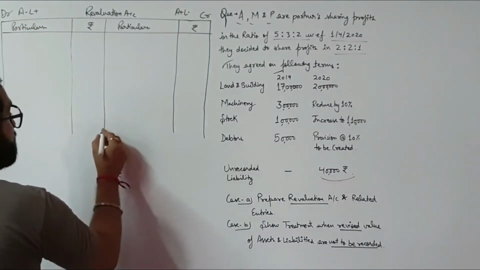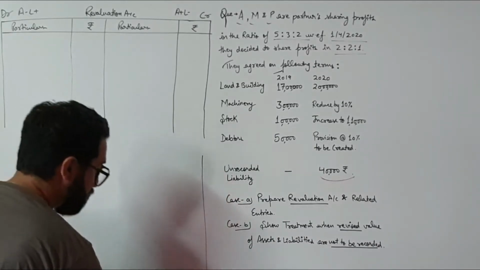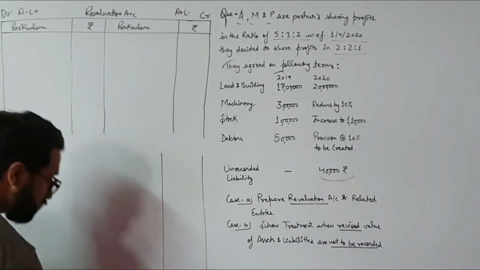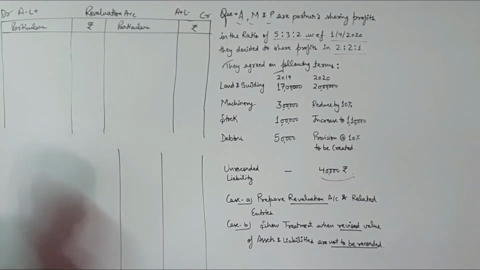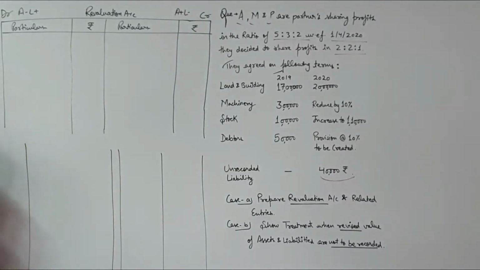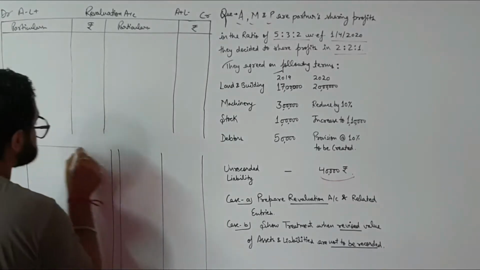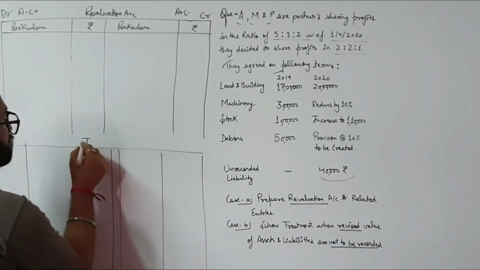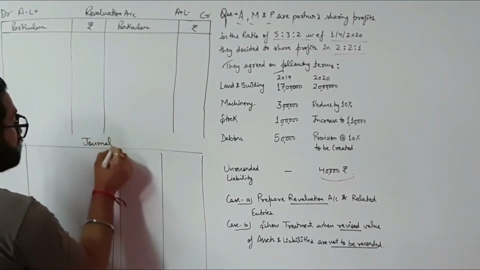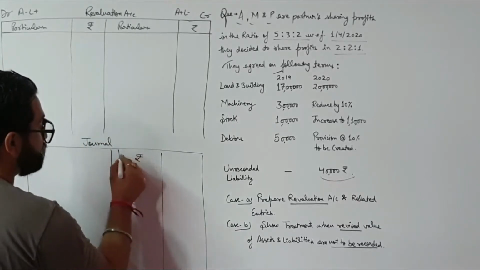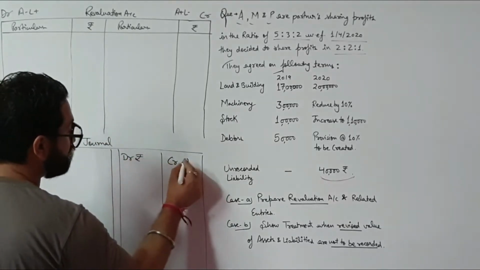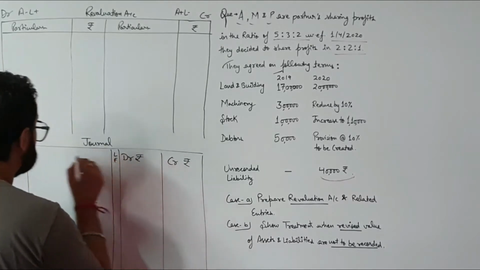Also, related entries we will pass as journal entries. The format of journal entry you all know very well: date, particulars, ledger folio, debit rupees, credit rupees.